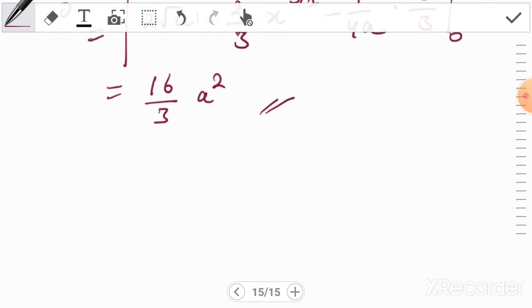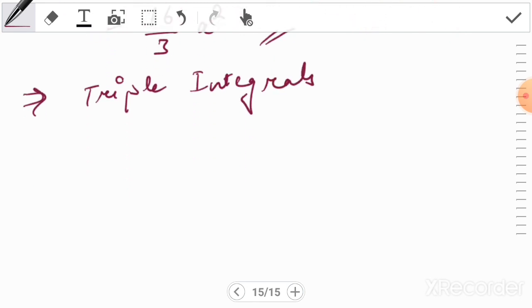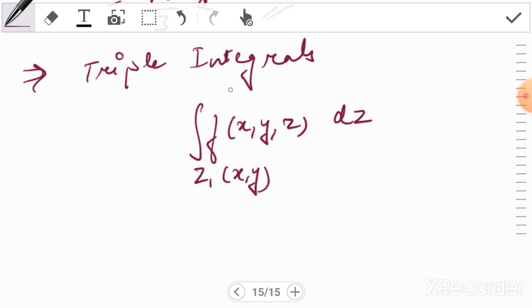So next is triple integrals. You can integrate first f of x, y, z, where F is a function of x, y and z. So integrate with respect to z, dz, from z1 of x comma y to z2 of x comma y.